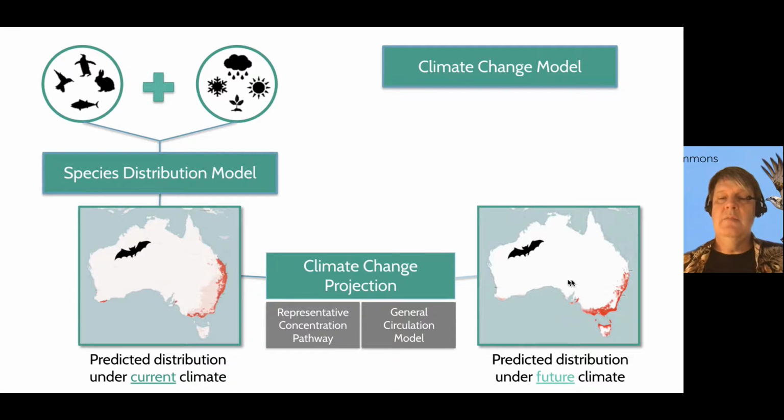And those things will produce a result of how you expect this species to change. So this one looks like it will shift, its distribution could shift more to the south if other conditions are right. But the climatic conditions suggest this bat will shift to the south.